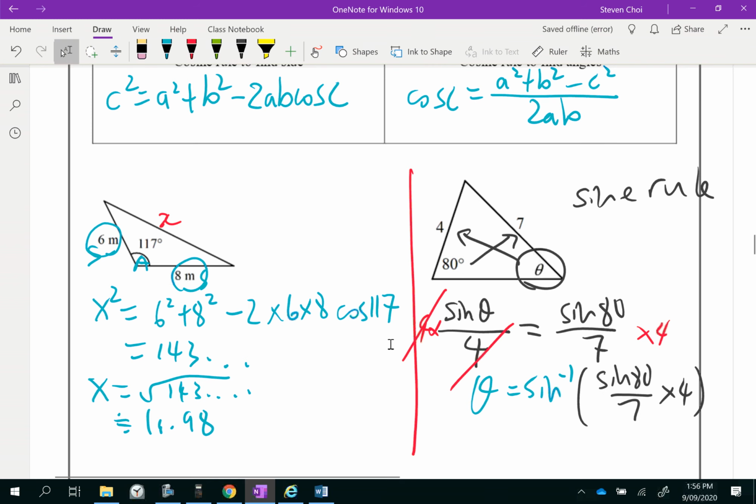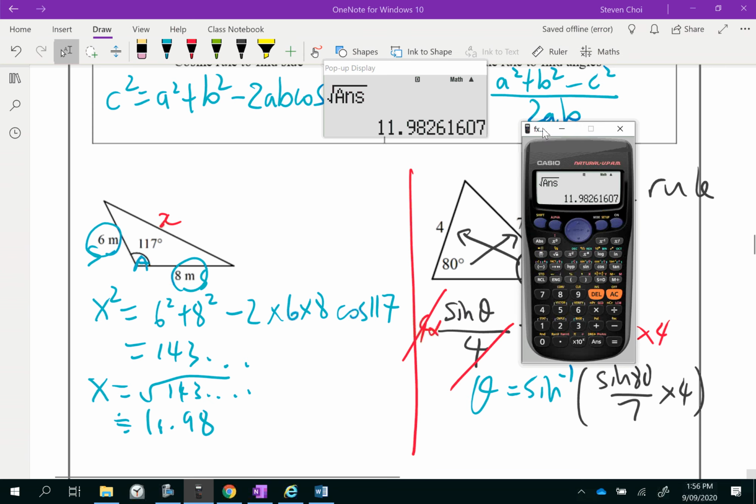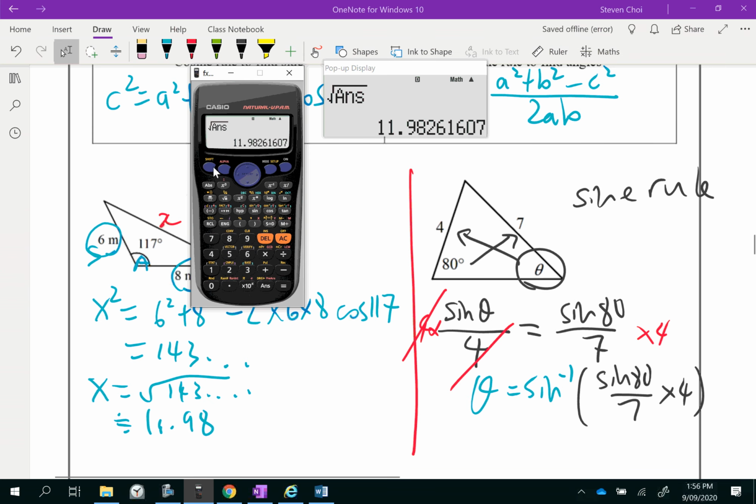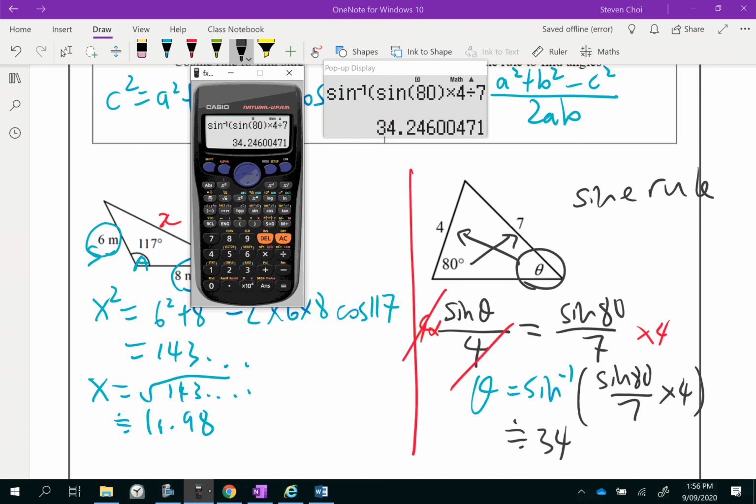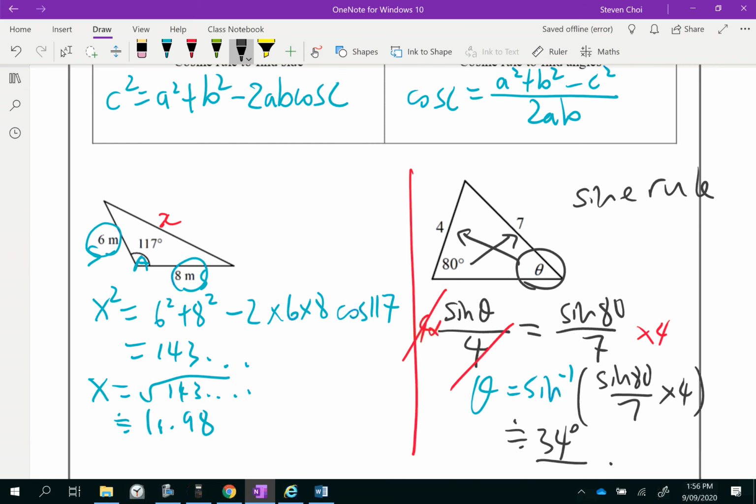And then use your calculator. 34 something degrees. All right, any question?